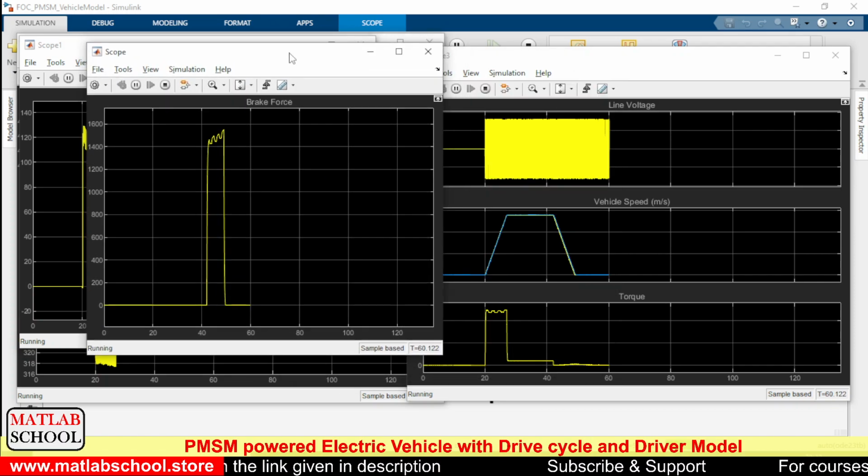Okay, so as you know, the brake is applied here around 42 seconds, 40 to 45 seconds. So the brake is applied here. As you can see, the brake force is varied with respect to the amount of braking that we need.